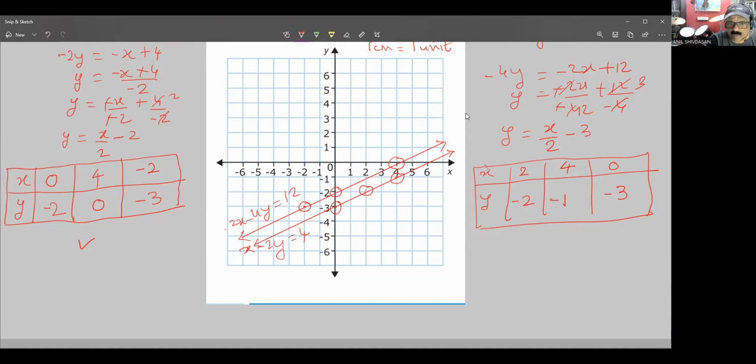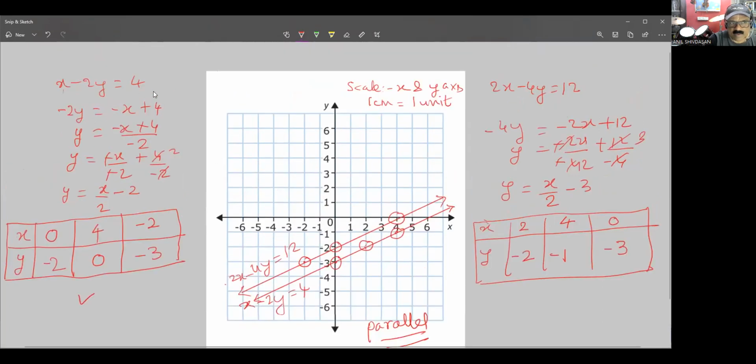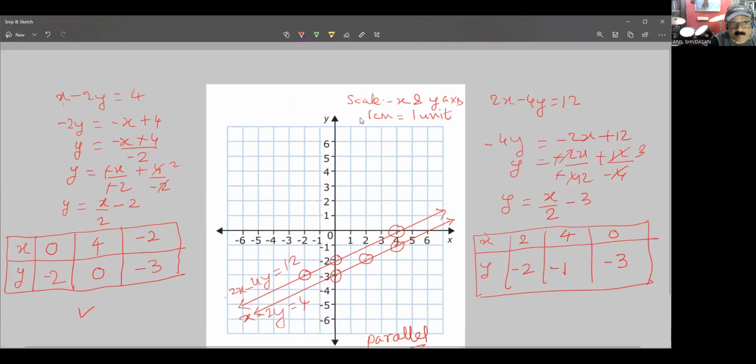So are they showing anything else? It shows that these 2 lines are parallel. Now, when will 2 lines be parallel? They will not intersect at all. If you look at the equation once again, this is 1 here, and this is 2 here.